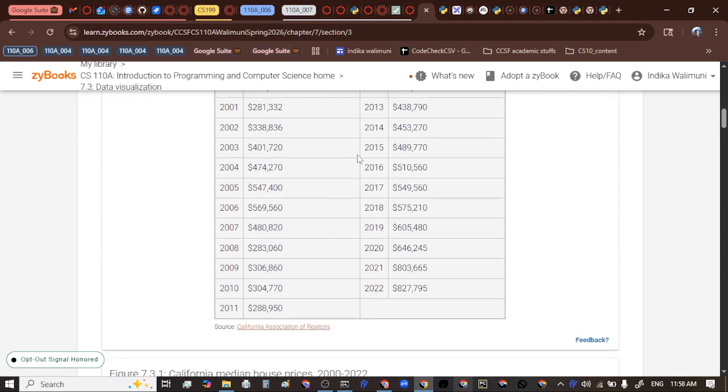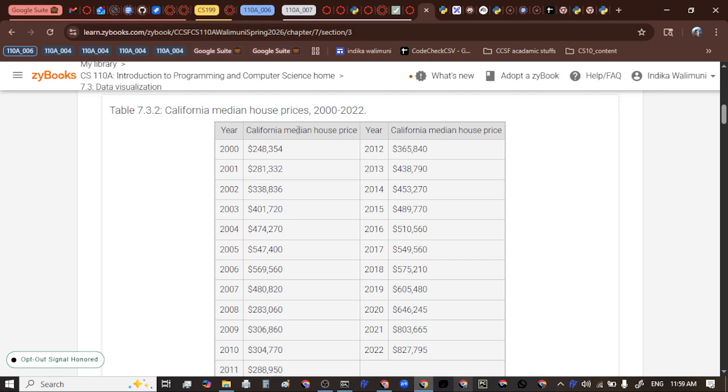If we have a data set like this, it is also not good, because we don't see any pattern here, right? The way our human brain is wired, it's visual. We mostly use what we see to make a judgment. And what we see here is a bunch of numbers. It's not a visual pattern.